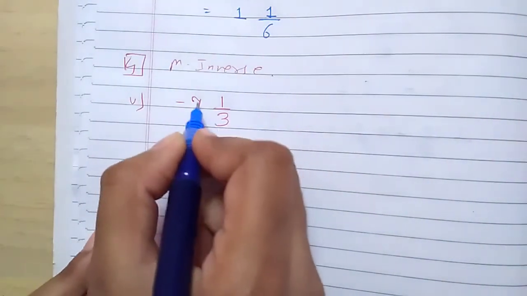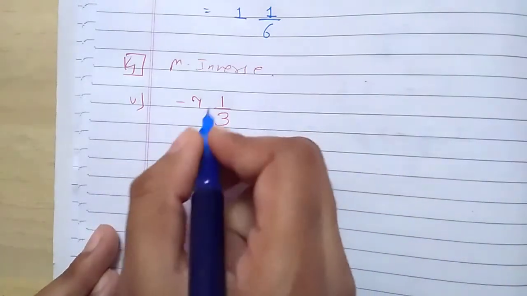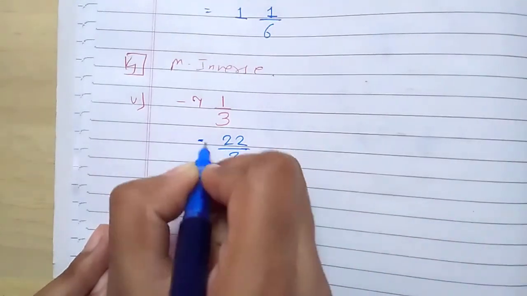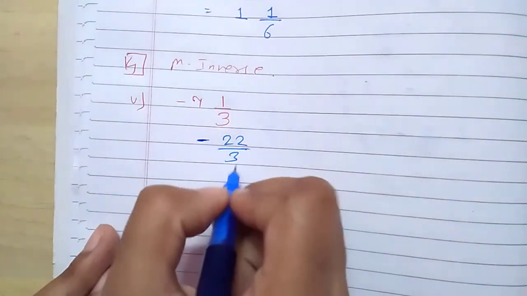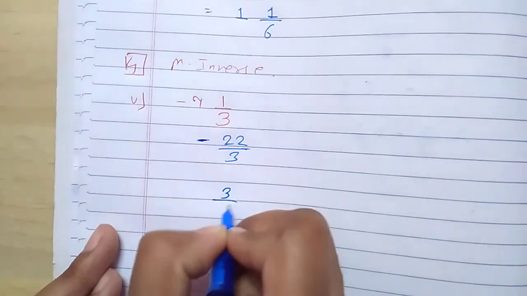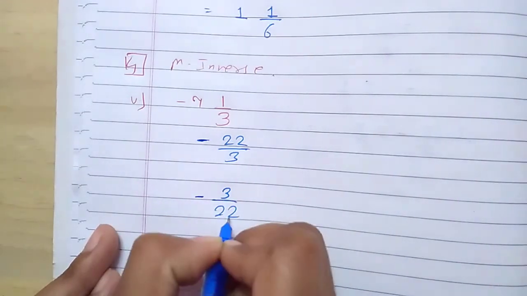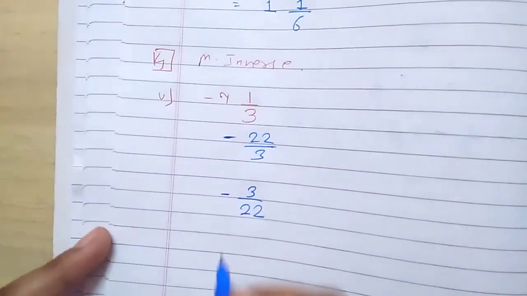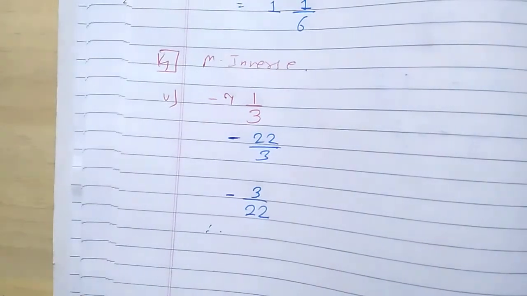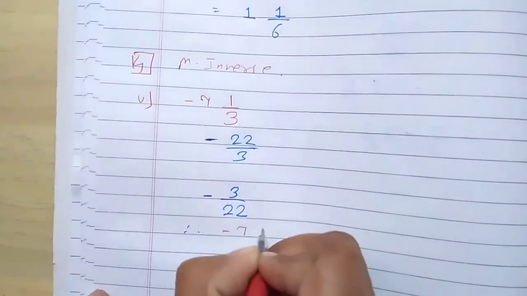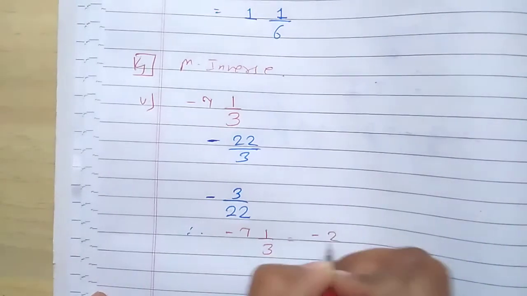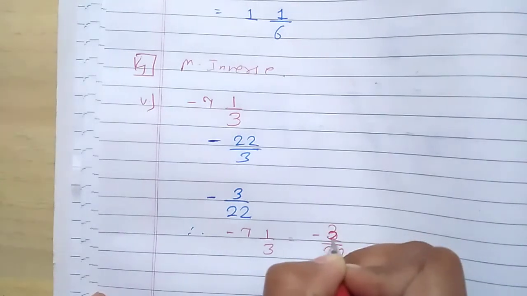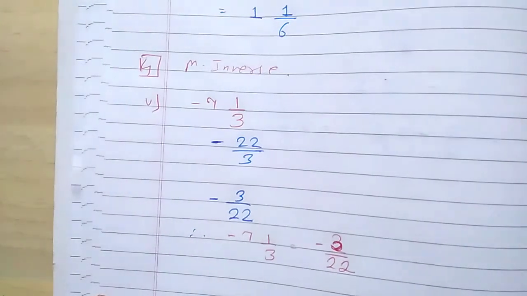We will solve first. 7 3s are 7, 14, 21. 21 plus 1, 22. 22 upon 3 minus. Okay, we have to write inverse. So we'll write 3 upon 22 minus. This will be inverse. Okay, right here, therefore minus 7 1 by 3 is equal to minus 3 upon 22.